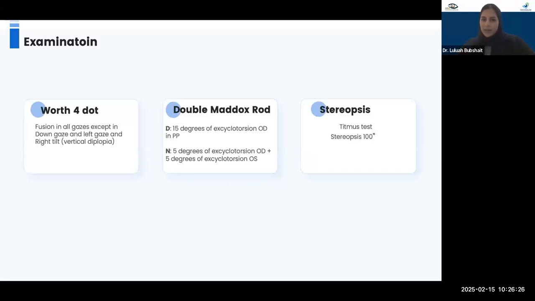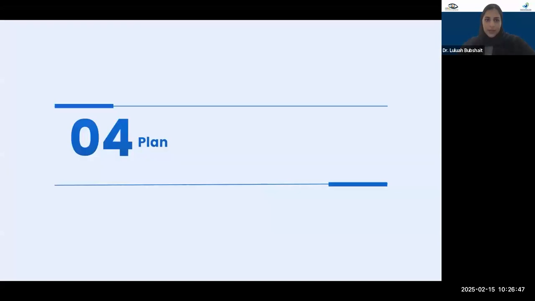We also did a double Maddox rod for torsional deviation. At distance, she had 15 degrees of axial torsion in the right eye, and at near, she had 5 degrees of axial torsion in the right eye and 5 degrees in the left eye, a net of 10 degrees in both eyes. She had good stereopsis with the Titmus test. The stereopsis was 100.